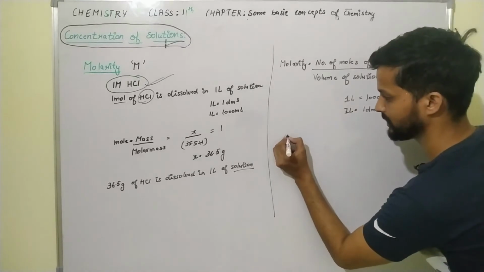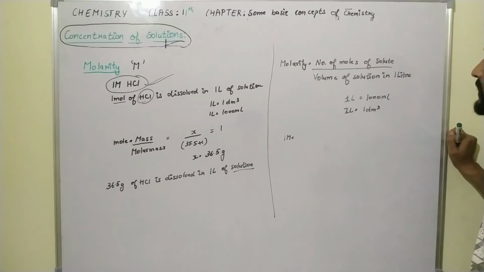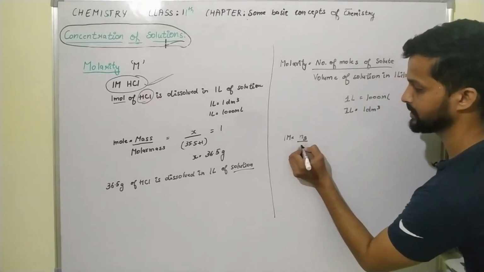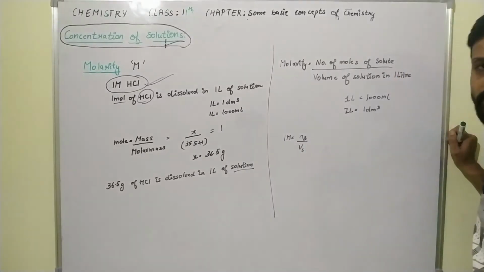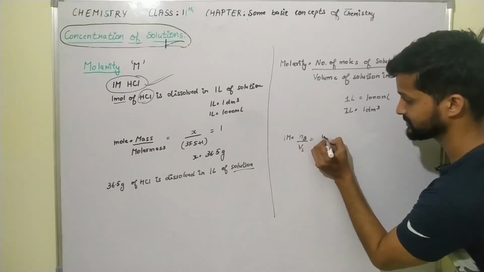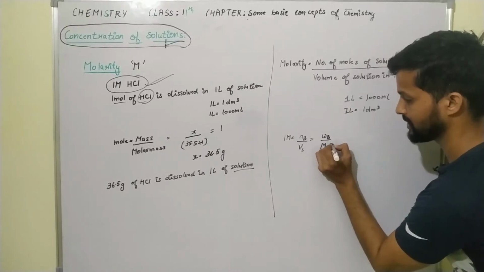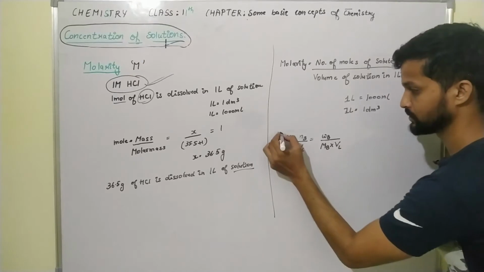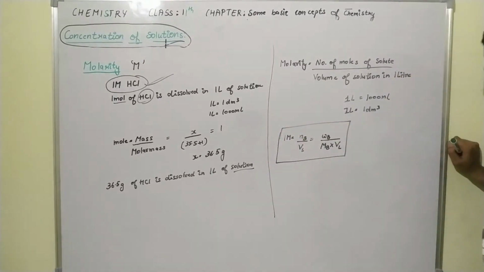So here molarity can be written as M. Here number of moles n divided by volume of solution in liter. So here this is a liter. Clear? So here number of moles is given mass divided by molar mass, into volume of solution in liter. So this is the formula for molarity.